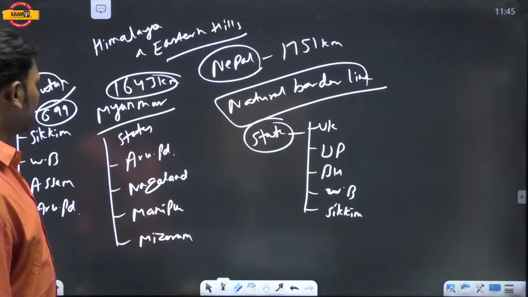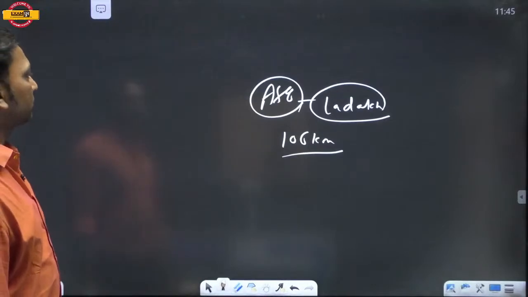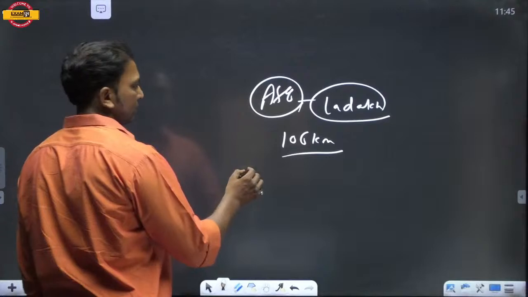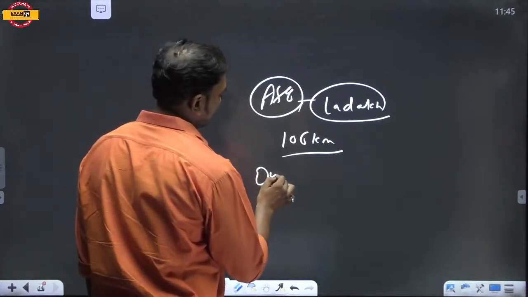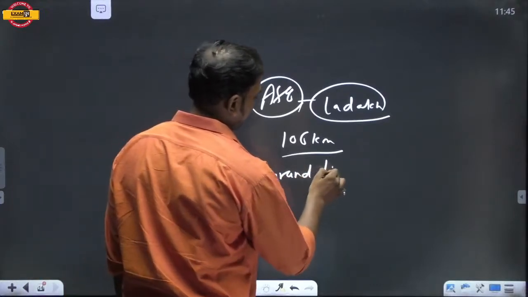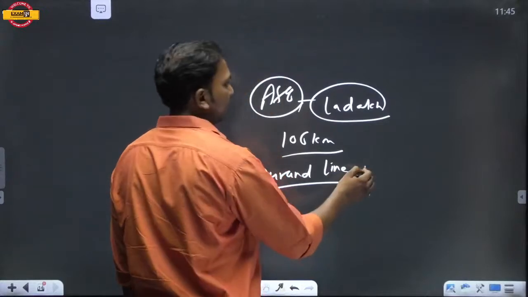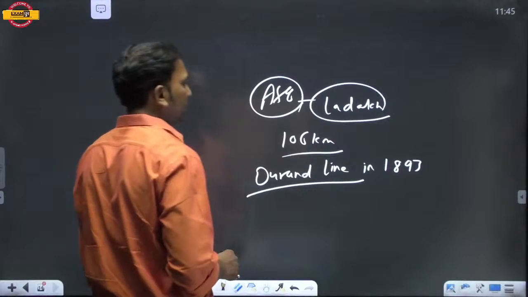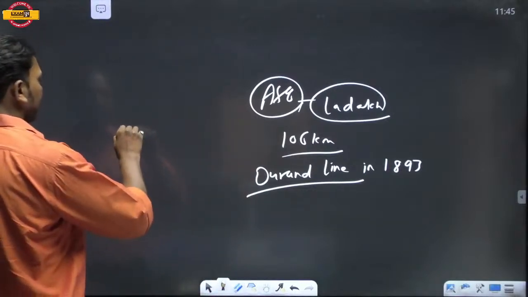Now we are going to discuss Ladakh. There it is the border line of the Durand line, made in 1893.